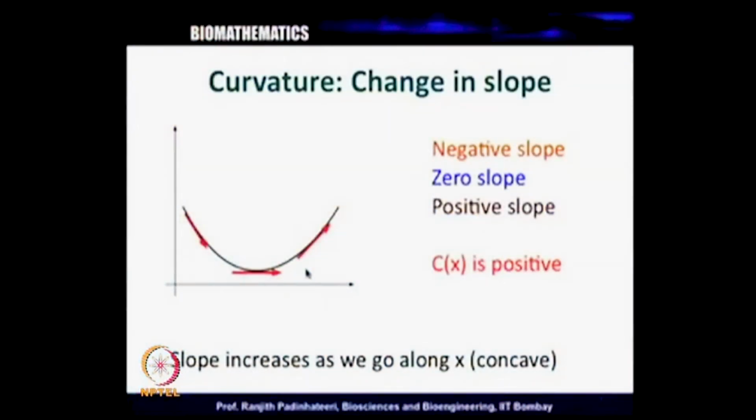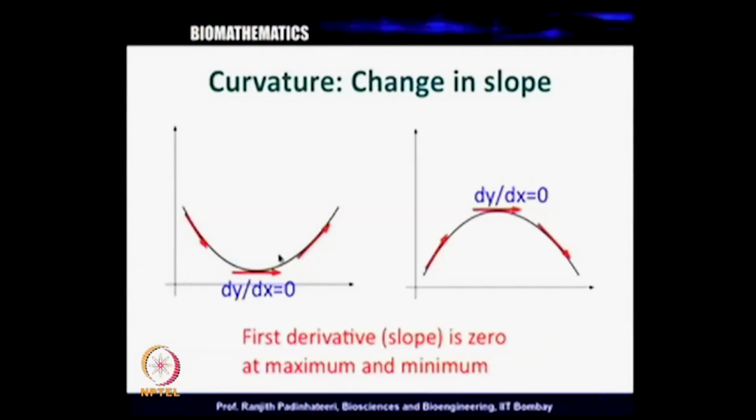And at the maxima or minima, at those extremum points, we call it extrema because it is either maximum or minimum, the derivative is 0, the slope is 0. So now let us look at the next slide. This is where we combine what we learned in the last lecture.